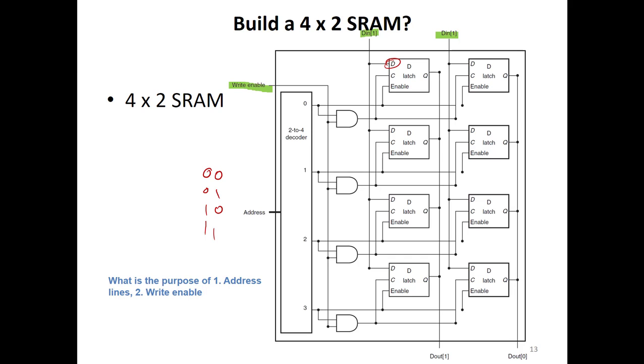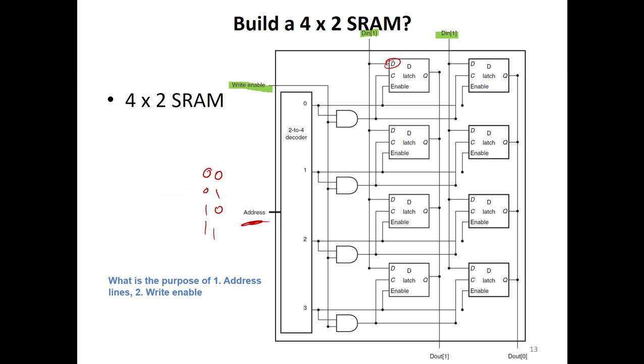And if it's 0 0, then output 0 is turned on, and everybody else is turned off with zeros. Now, if 0 1 is presented to the address lines, then this one is a 1, and everybody else in this case is turned off, right? So that's standard decoder functionality.